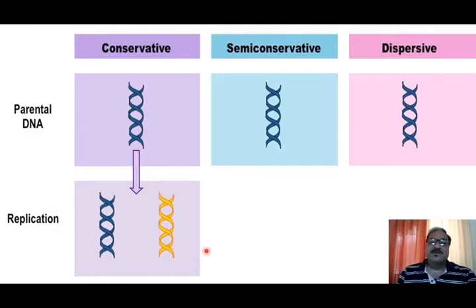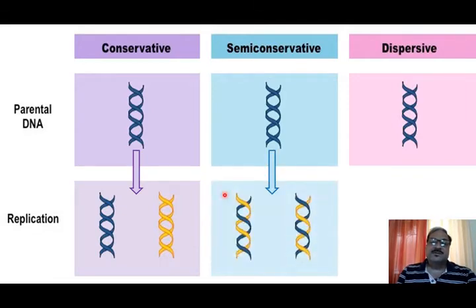Now in semi-conservative type of replication, the parental strands separate out and a new strand of DNA is synthesized around each of these separated DNA strands. Thus, in the two daughter DNAs that are formed, one strand will be parental and the other strand will be newly formed.